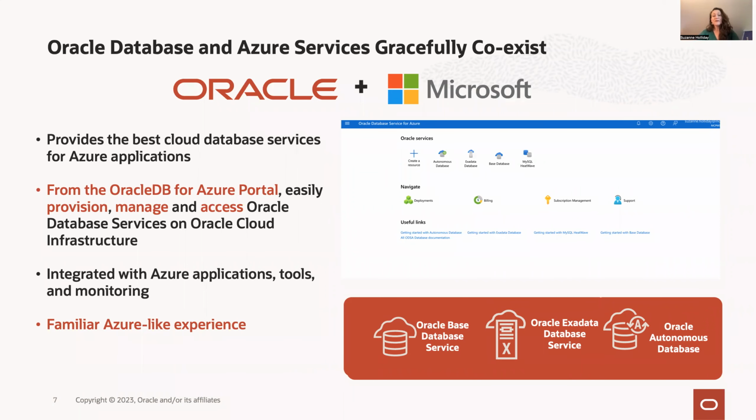So in just a couple of clicks, with Oracle Database Service for Azure, you connect your Azure subscription with your OCI tenancy. It automates the network configuration. It uses Azure Active Directory credentials to authenticate users across OCI and Azure. And it creates this graceful coexistence of Azure applications connecting to our database services, as if it was operating in one cloud over a very secure high-speed interconnect.